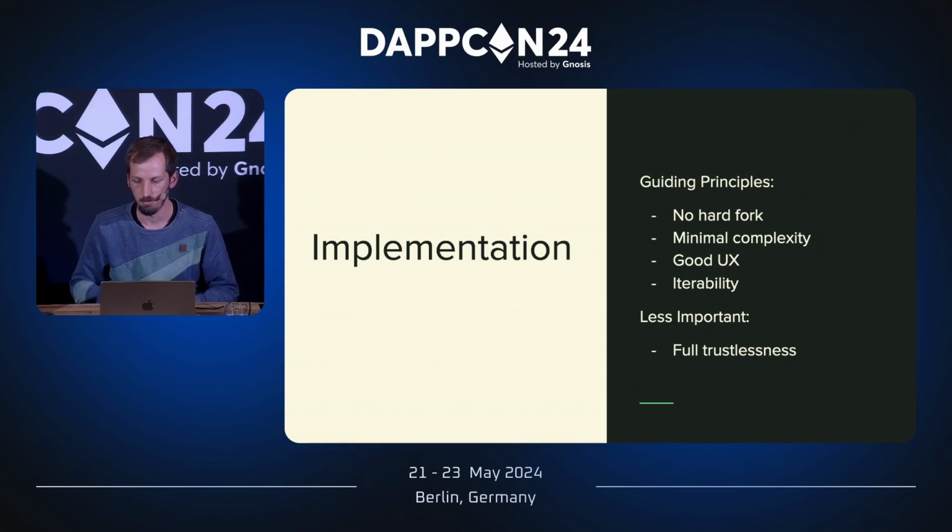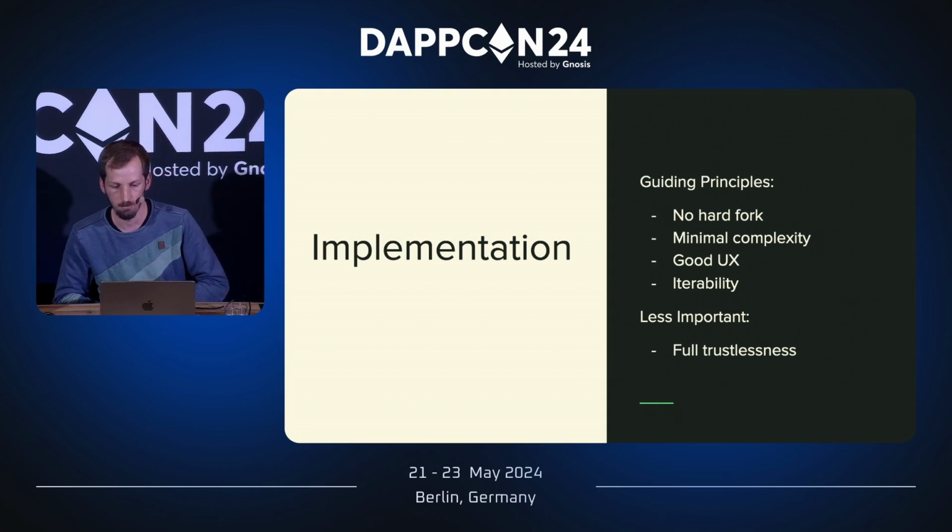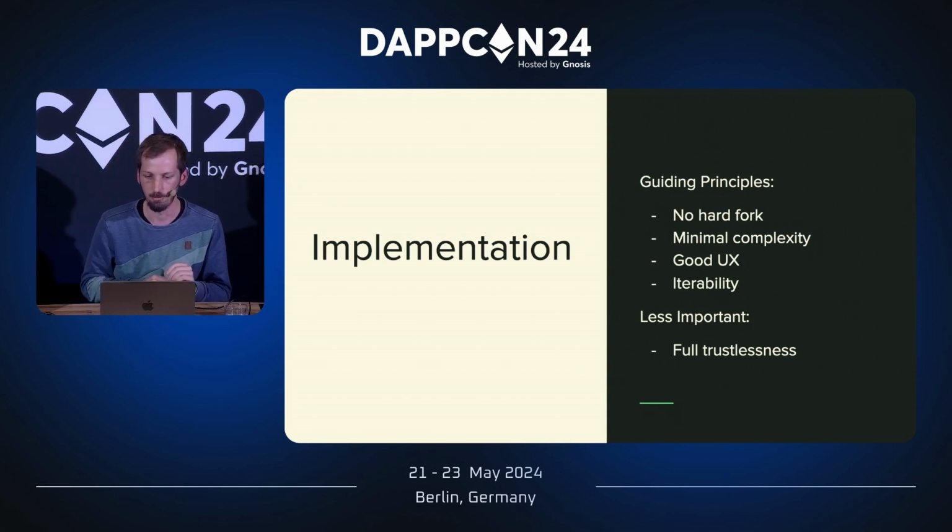Less important is perfection. We don't need full trustlessness in the beginning. We're fine with trusting some of the validators in the first place. We're fine with trusting some RPC servers in this first version. In future versions, we won't be fine with that anymore, and we will improve on that. But for now, it makes our job much easier.